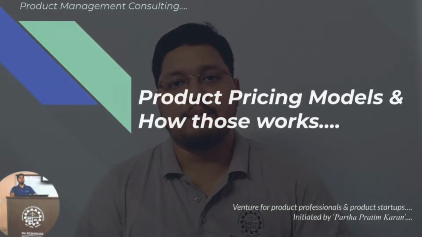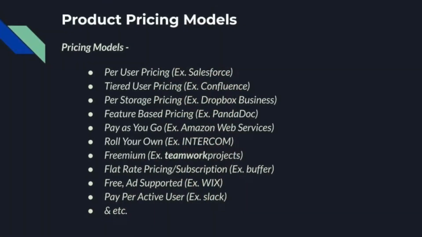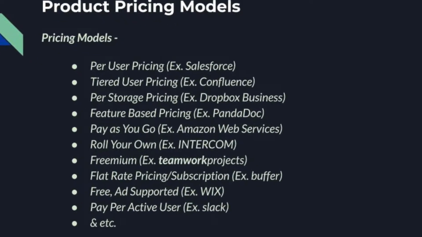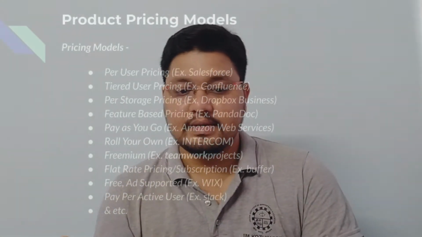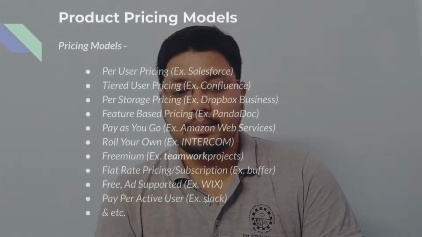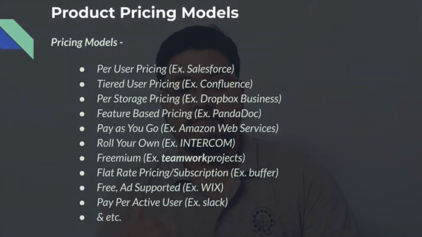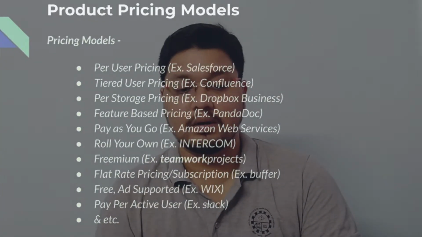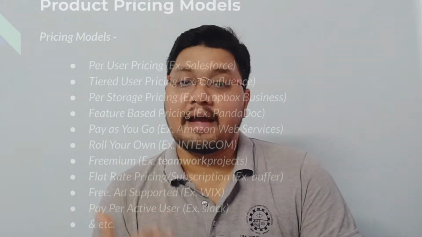Today we are going to discuss various product pricing models and how those are well designed. We will be looking into multiple product pricing models like per user pricing, tiered user pricing, per storage pricing, feature based pricing, pay as you go, roll your own, freemium model, flat rate pricing or subscription based model, free along with ad supported model, and pay per active user.